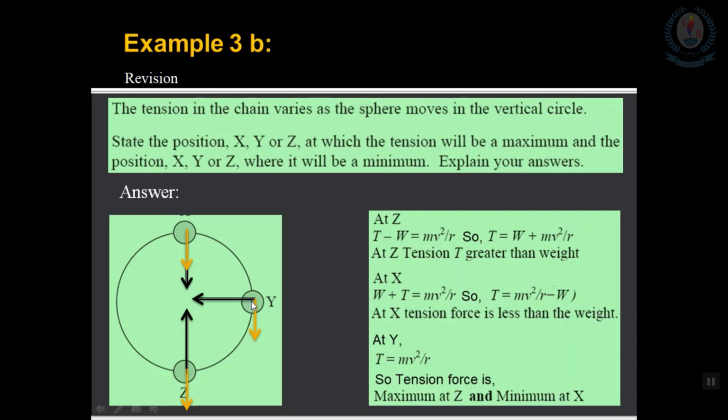At y, weight is vertically downward, tension is towards the center. They are perpendicular, so they don't affect each other. So tension is the one that is equal to mv squared over r. So tension force is maximum at z because it is an addition, minimum at x as there is a subtraction. This one is the middle.